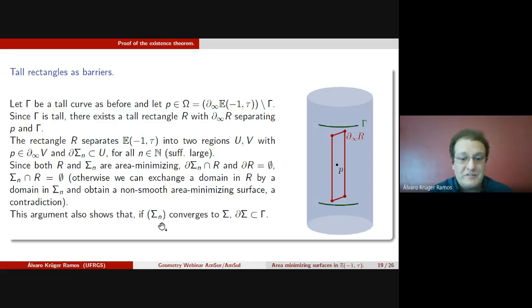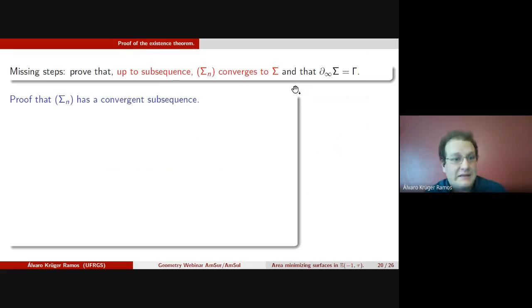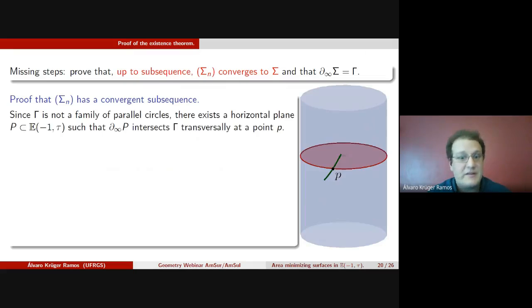So this argument shows that if sigma n converges to something, then the asymptotic boundary of this something must be contained in gamma, because any point that is not in gamma can be separated from the sequence of surfaces sigma n. And now we use this separation property to prove that sigma n converges and that the asymptotic boundary of sigma is actually gamma. So let's prove that it has a convergent subsequence.